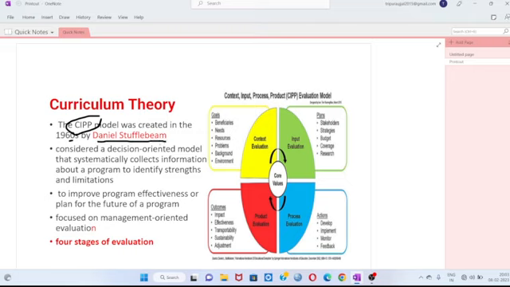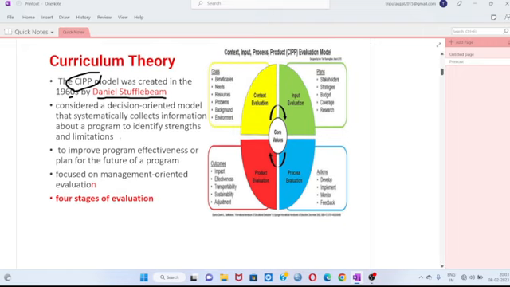Daniel Stufflebeam is a curricularist, and CIPP is the full form of context, input, process, and product evaluation model. So the first curriculum evaluation model is the CIPP model. Context means time, place, and situations.